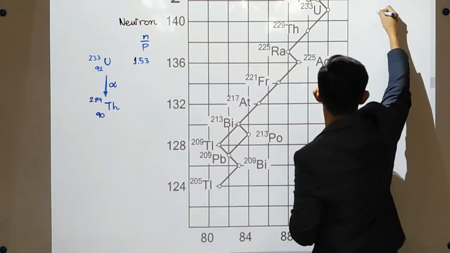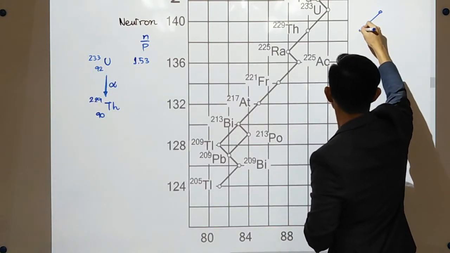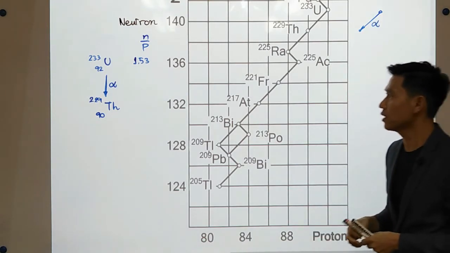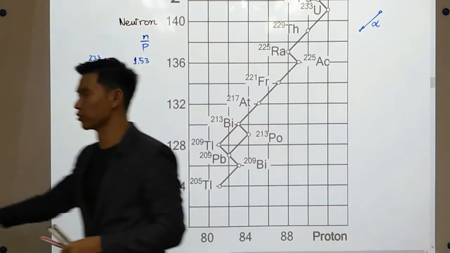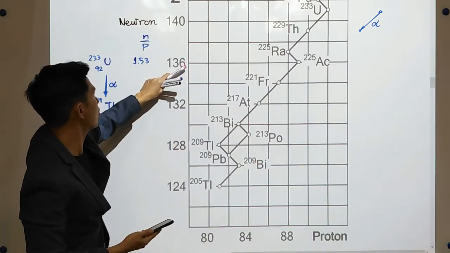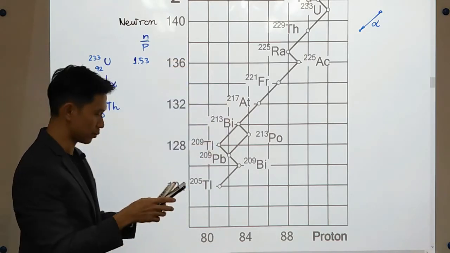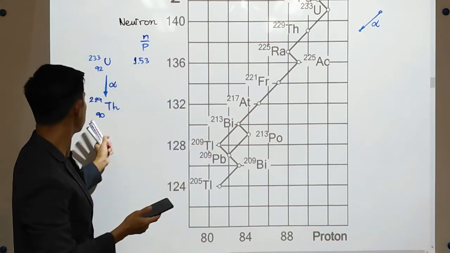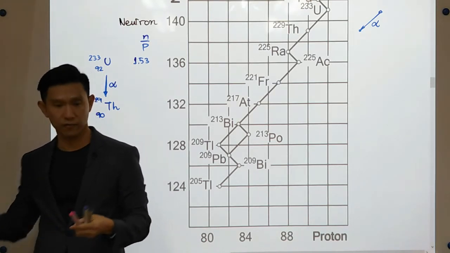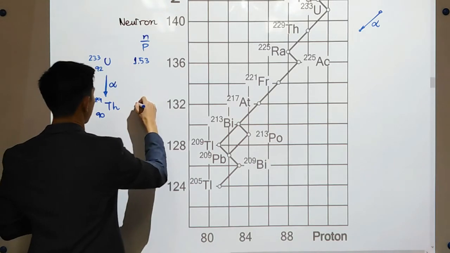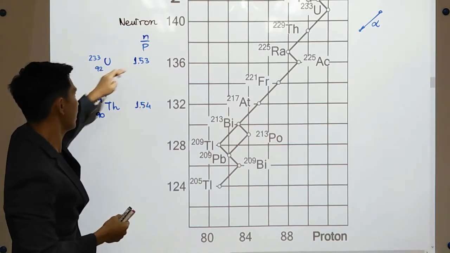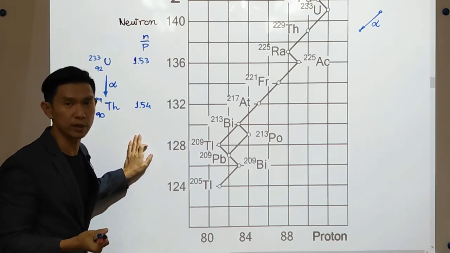So from the graph, moving down here is the releasing of a particle. Okay, and if you look at the thorium here, the number of neutrons is about 139, right? It's 139, and if you divide by the number of protons over here, 90, it is 1.54. What happened is, by releasing the particle, the N over P ratio is increasing, obviously.